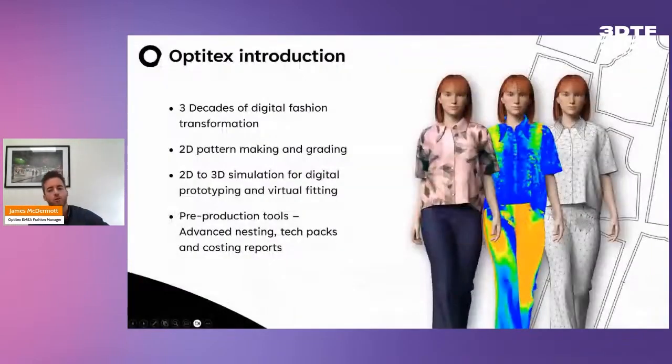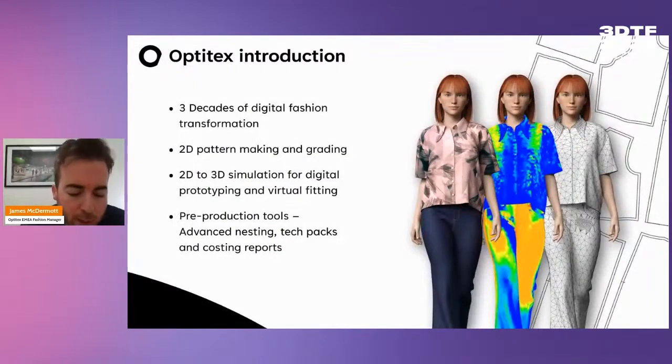For those of you who don't know Optitex, for over 3 decades now, we have been supporting the fashion industry with their digital transformation journeys. We do this by providing a range of solutions, such as our iconic 2D pattern making and grading software, our 2D to 3D simulation for digital prototyping and virtual fitting, and of course, our pre-production tools, which ensure our customers are getting the highest possible efficiency from their materials.